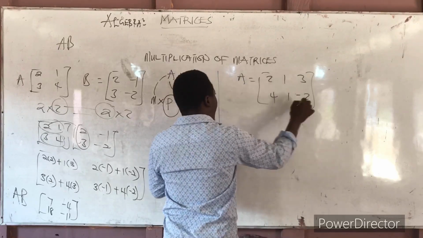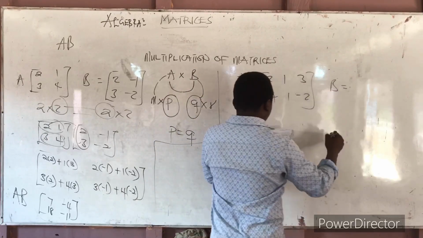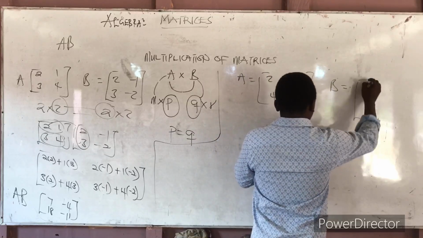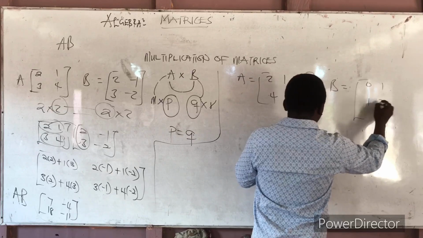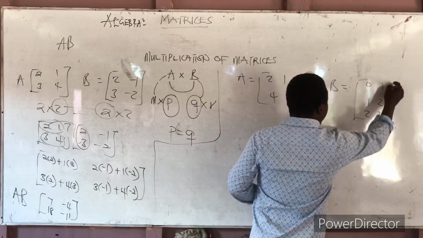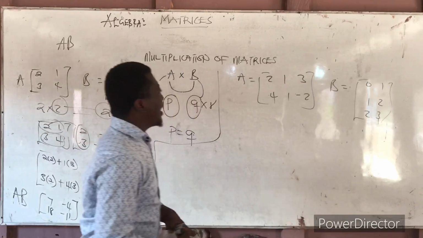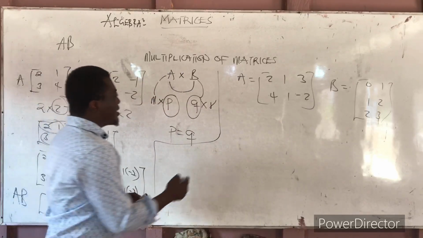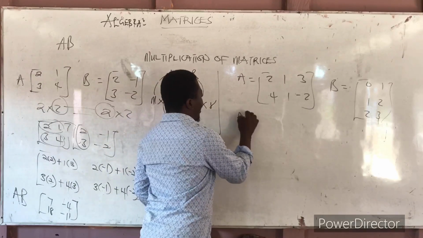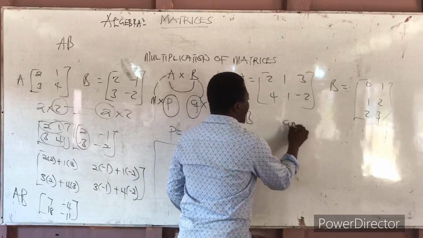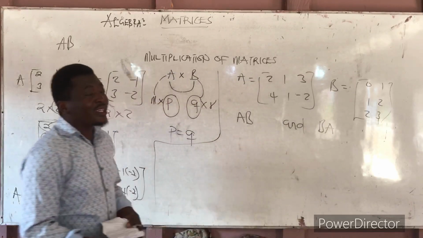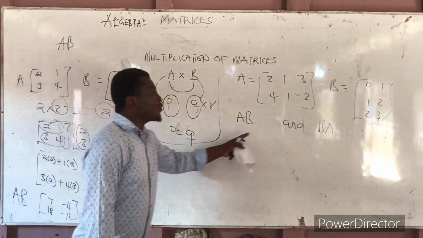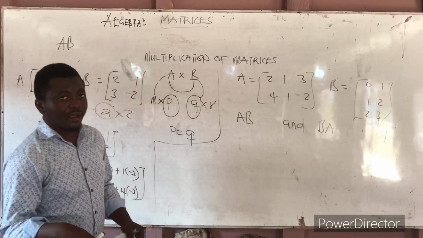This is our A, and our B was given to be 0, 1, 1, 2, 2, 3. So this is B and A given. Then the question says you should find AB and BA. But clearly, we can tell from the dimension that one of these is not going to work.